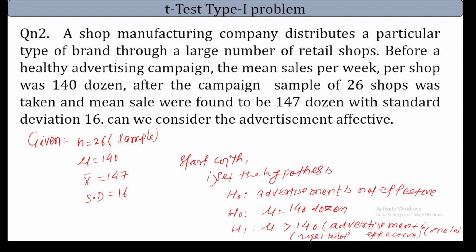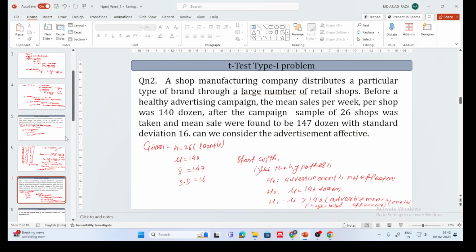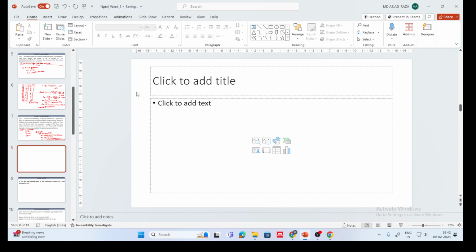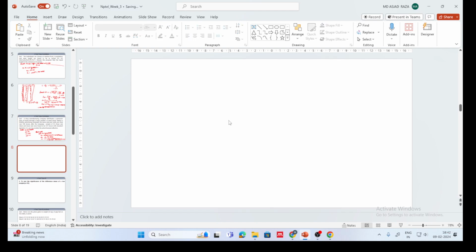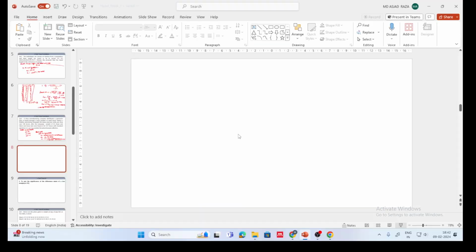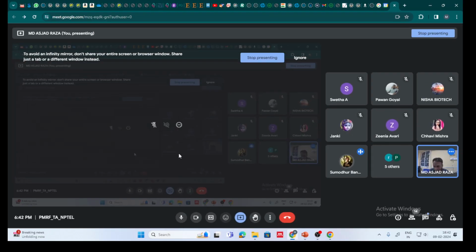Just because of similarity, it will come the same for both. Sir, here you wrote in the first line advertisement is not effective, and then mu is 140 dozen. Null hypothesis is not effective. What is the null hypothesis? The advertising is not effective.